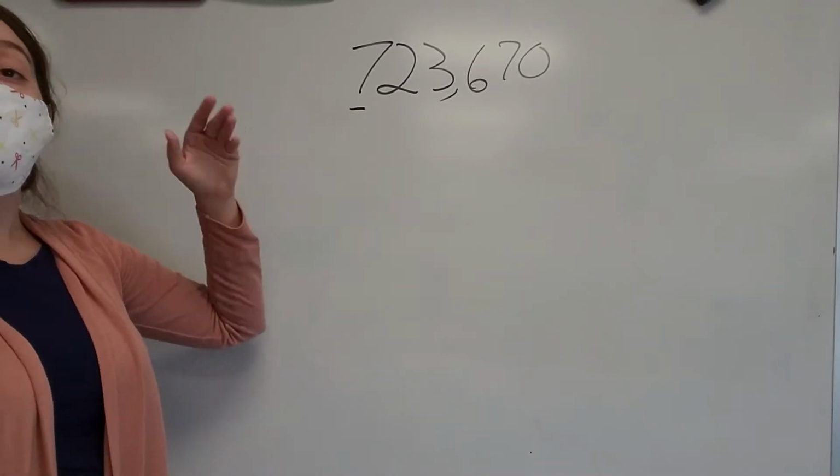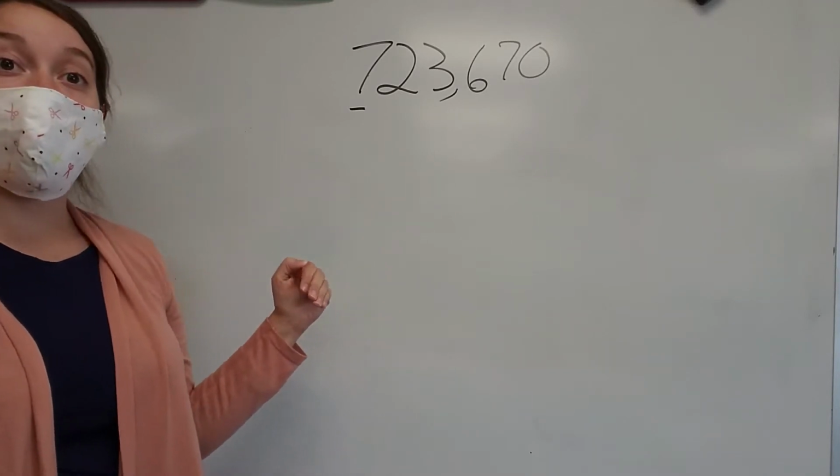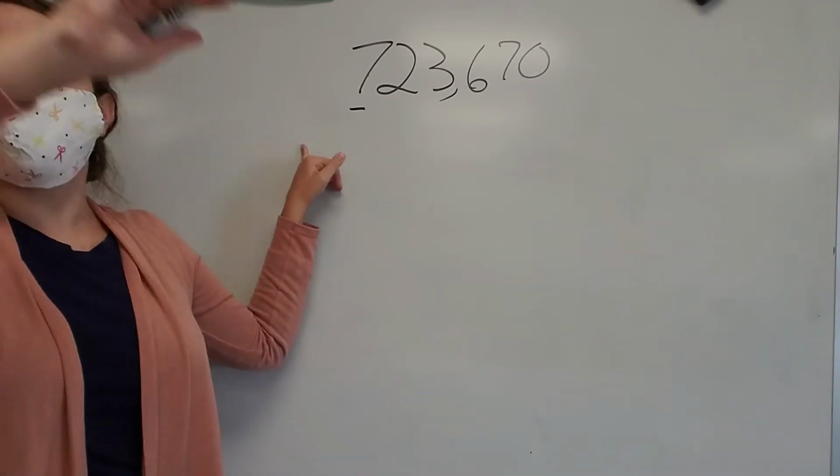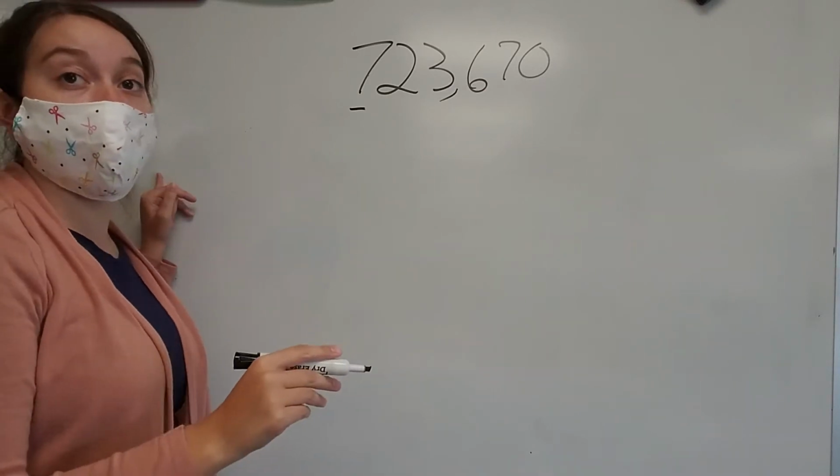Because when you go down, it just means that number stays the same. That means I'm closer to 7 than going up to 8, right? I'm not closer to 600, right?